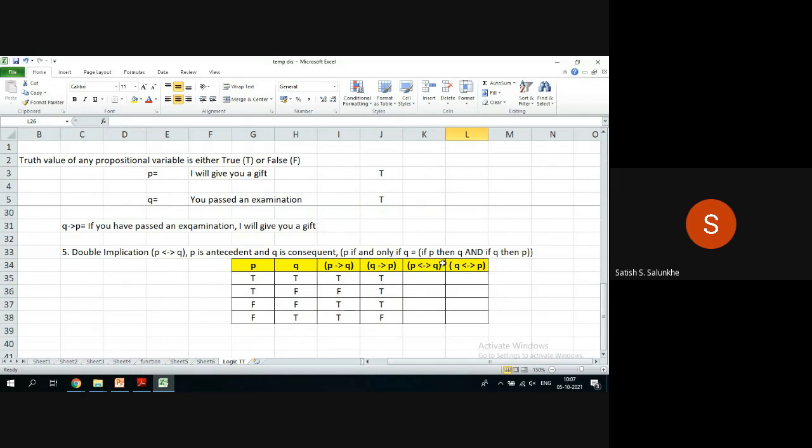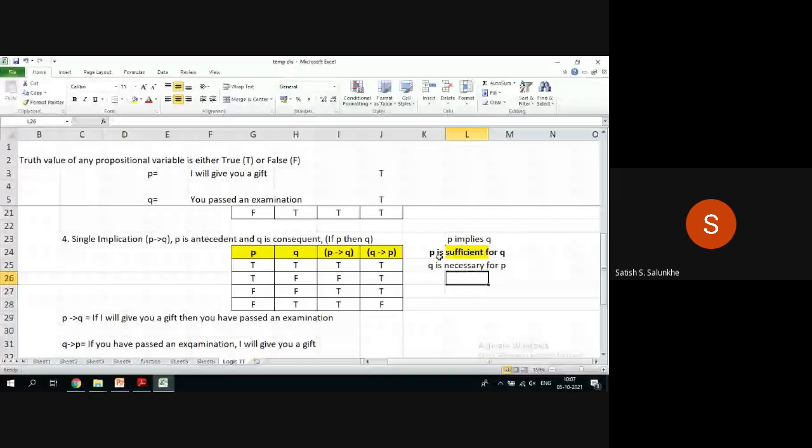That means if P then Q, and if Q then P. So there is a strictness from antecedent to consequence as well as from consequence to antecedent. In the earlier case, there is a strictness from antecedent to consequence only. There is no strictness from consequence to antecedent.